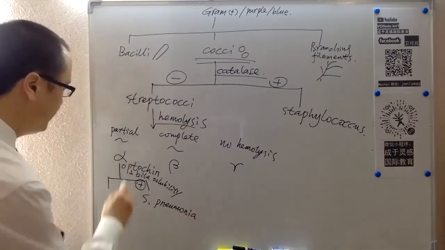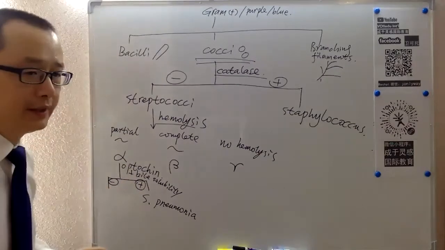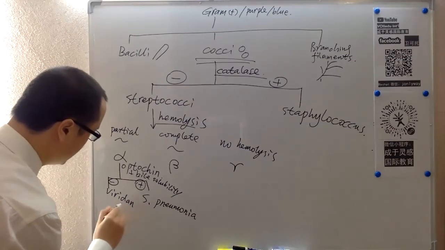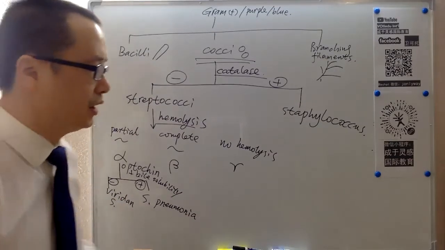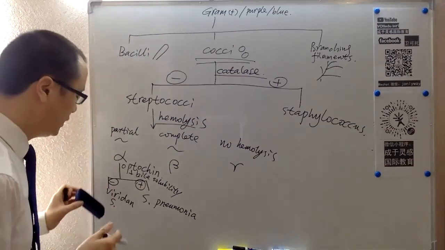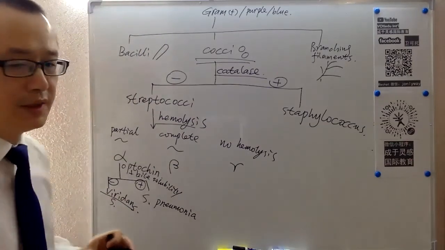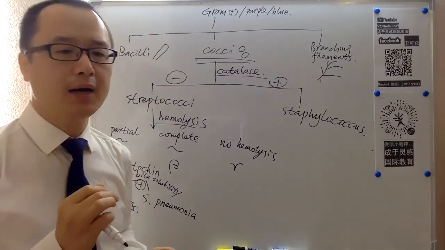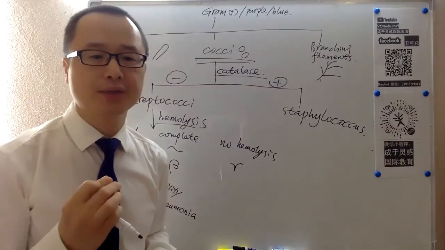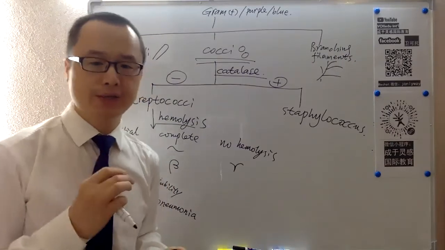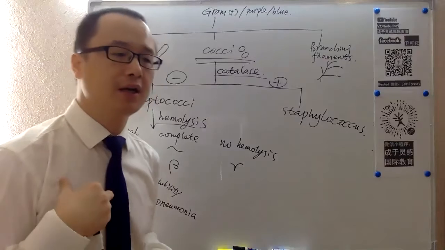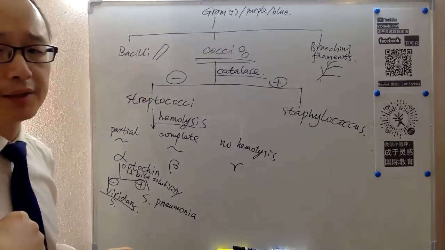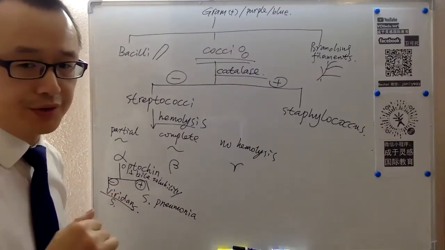If it is negative, then it will be the viridans streptococci. The viridans streptococcus is the bacteria leading to dental plaques as well as infectious endocarditis, the inflammation of the heart, a heart disease.